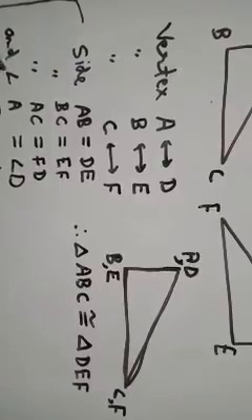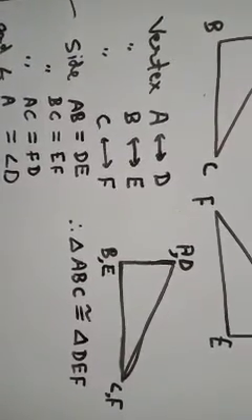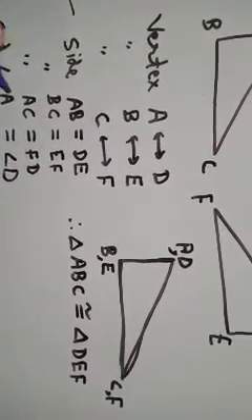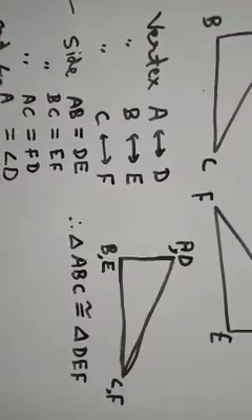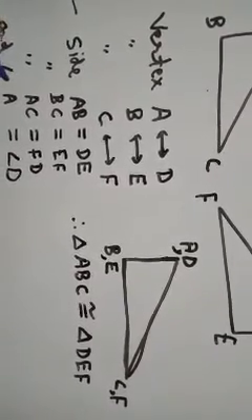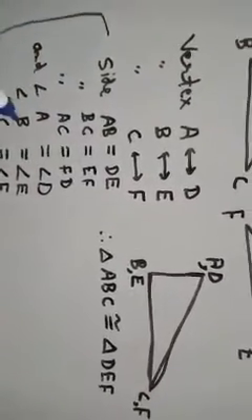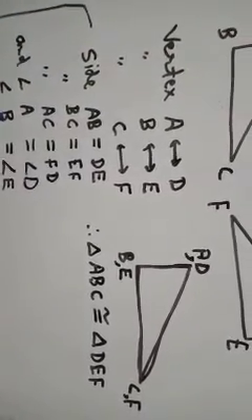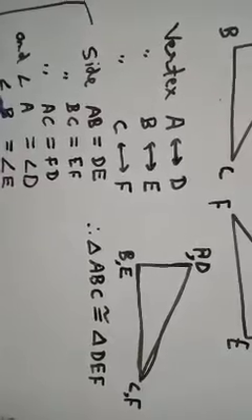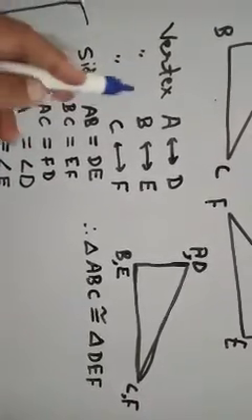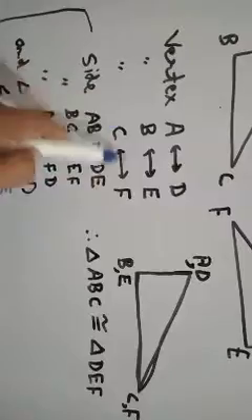So we can conclude that the corresponding sides are equal in congruent triangles, corresponding angles are equal in congruent triangles, and the corresponding vertices match exactly with each other.